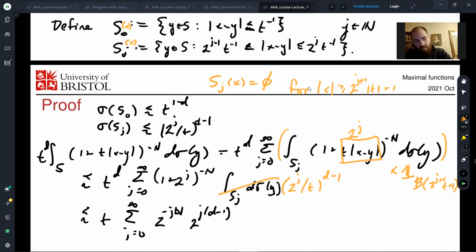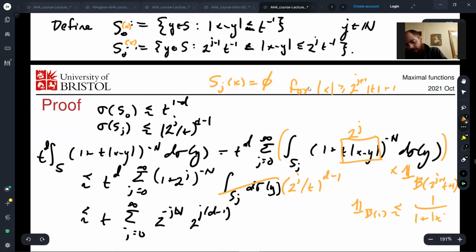And you get to use that characteristic function, say, of the unit ball. Well, you can bound that by just 1 over 1 plus |x| to the m, for all m.